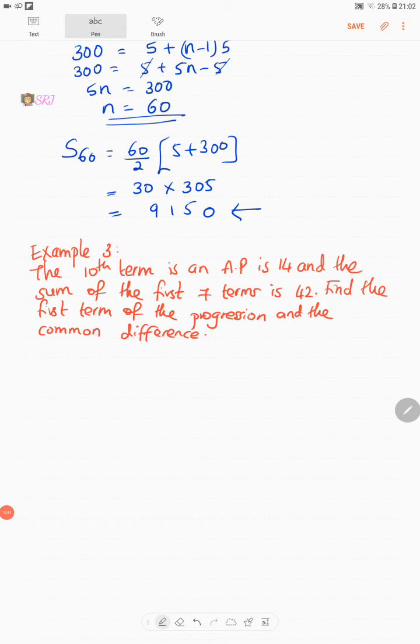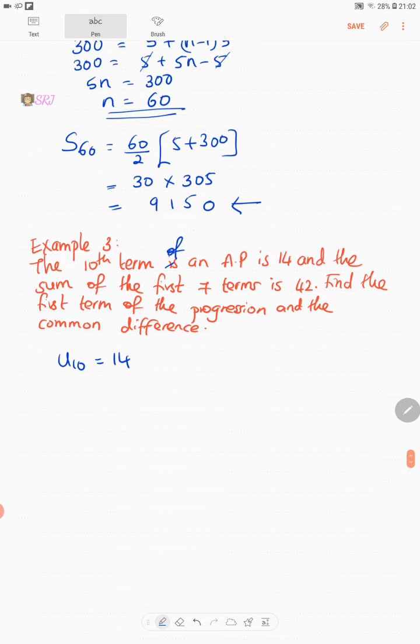Now a third example. The 10th term of an AP is 14, and the sum of the first 7 terms is 42. Find the first term of the progression and the common difference. So here we are given the 10th term, that is U10 is equal to 14.